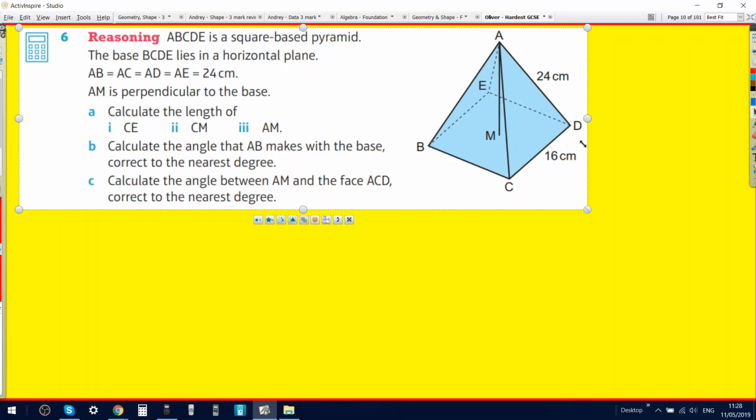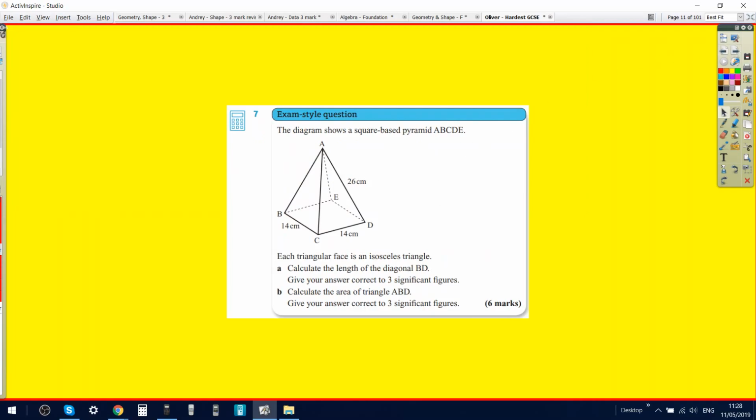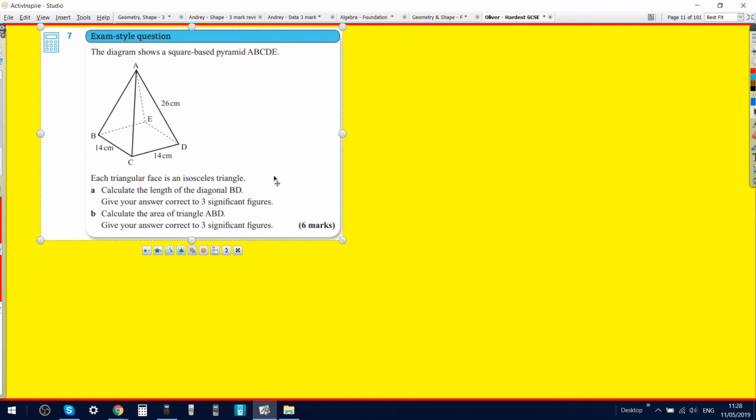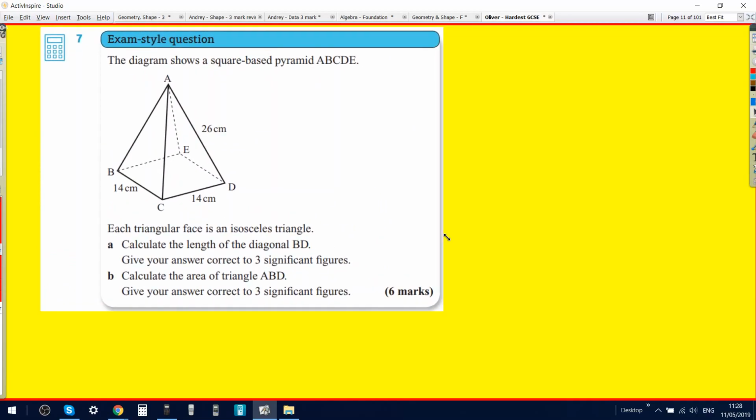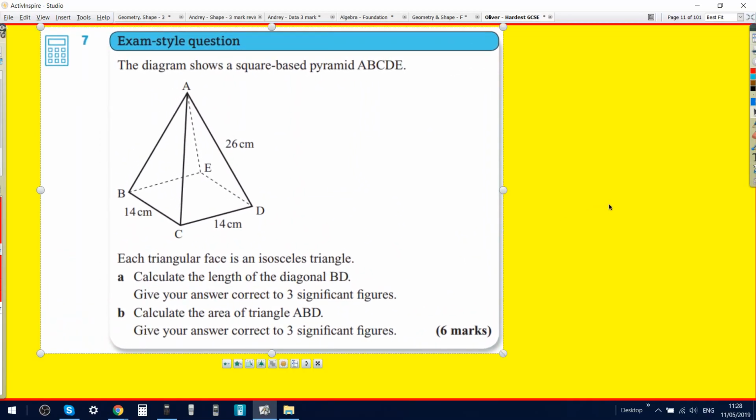That's the same idea. And then this is their exam style question. Calculate the length of the diagonal B to D. That's okay. And then calculate the area of the triangle A, B, D. Oh, that's not bad.